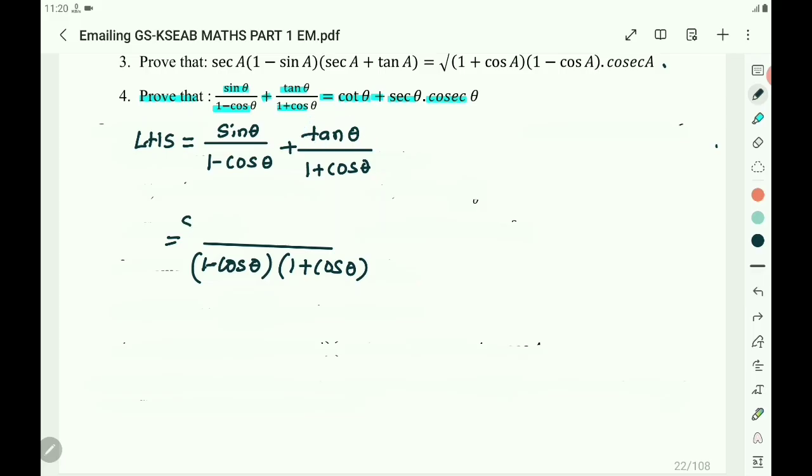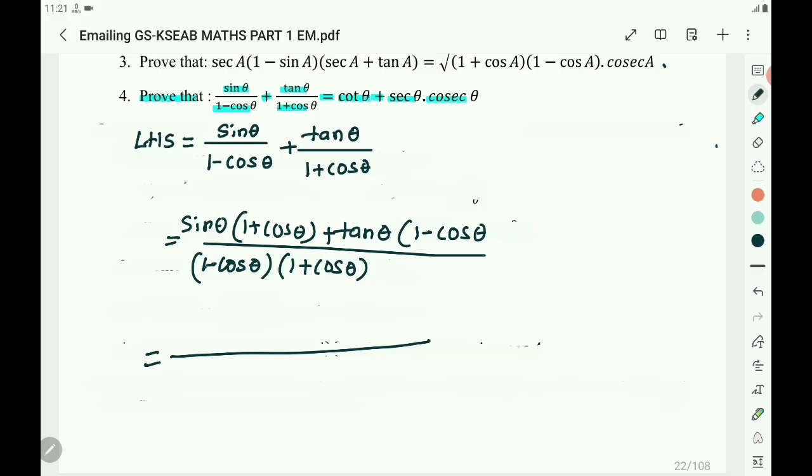Right? Sin theta into 1 plus cos theta plus tan theta into 1 minus cos theta.